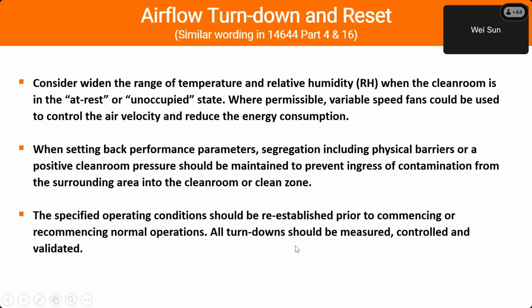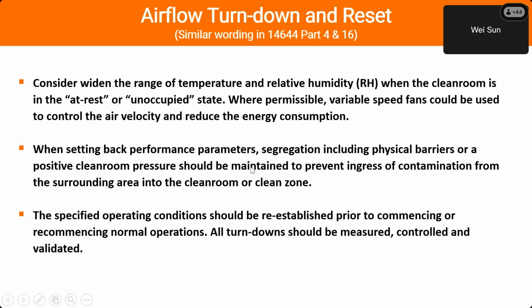The other way, what we call the reset and the turn down, is to consider a widened range of temperature and humidity when the clean room is at rest or in an unoccupied state. When permissible, a variable speed fan could be used to control air velocity and reduce energy consumption.